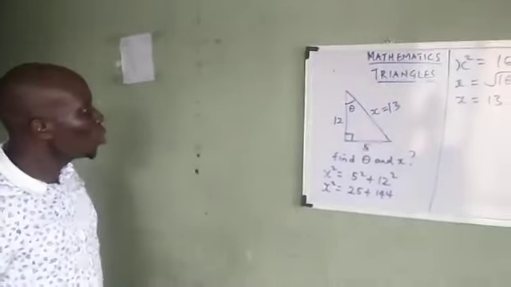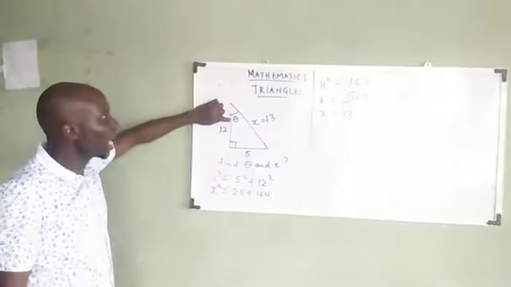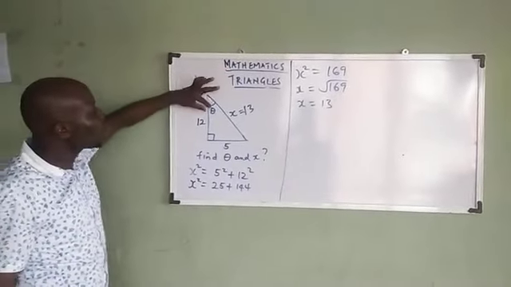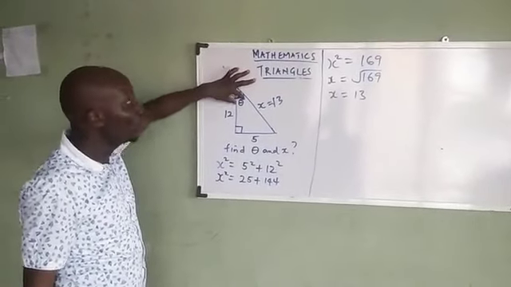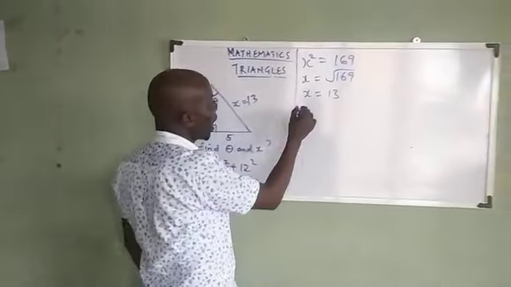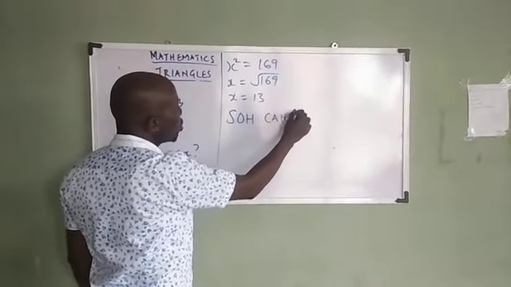So now, how do we find our theta? That's where the business lies. When you want to find any angle in a right angle triangle, you now refer to this formula: SOH CAH TOA.